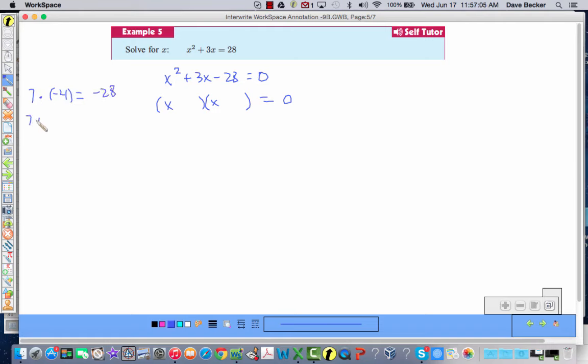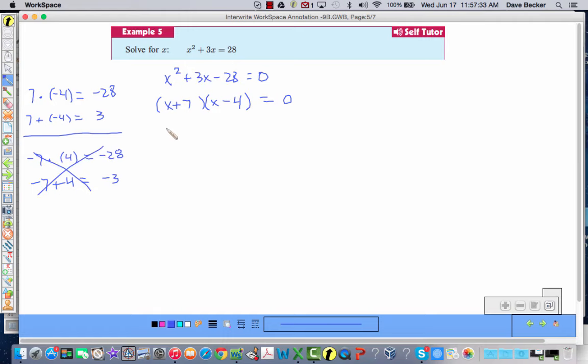And then 7 plus negative 4, that's equal to positive 3. Booyah! So I'm going to have a positive 7 and a negative 4. You could have done negative 7 times positive 4, that equals negative 28, but negative 7 plus 4 equals a negative 3, and we needed a positive 3, so that one doesn't work.